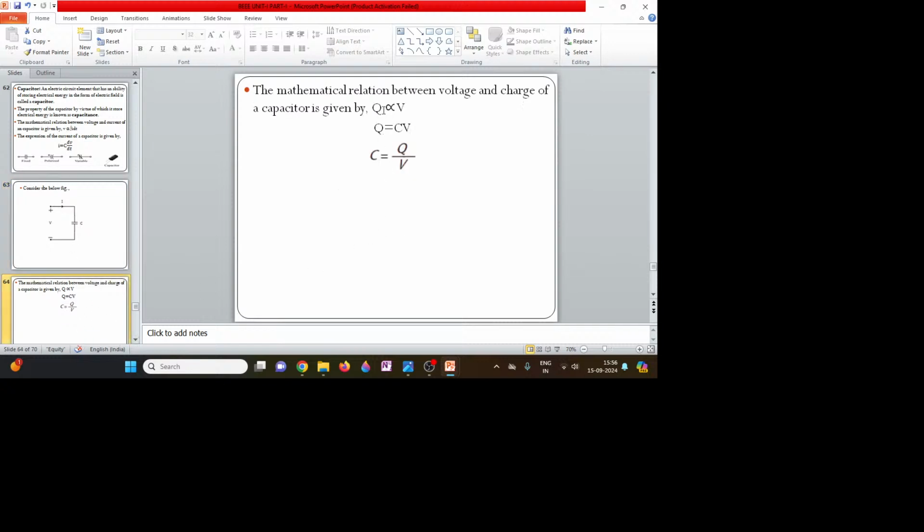Now write down these terms. Charge proportional to the voltage. If you remove the proportionality, it has been replaced by capacitance C, and C is equal to Q by V.